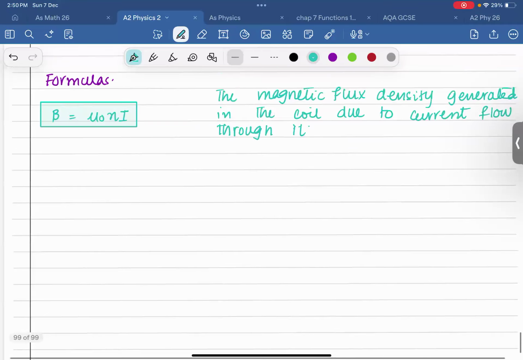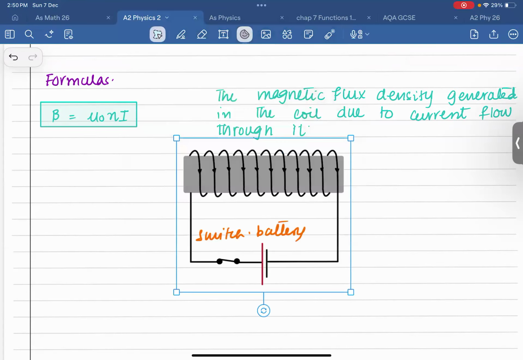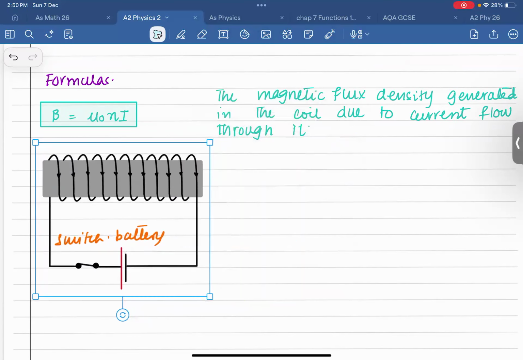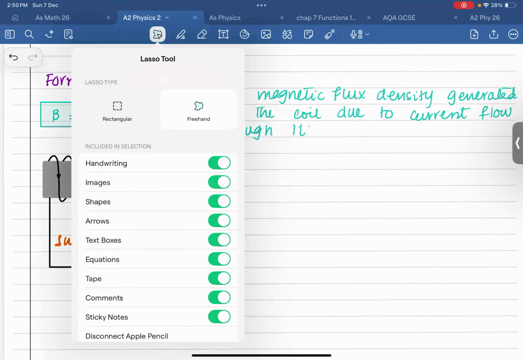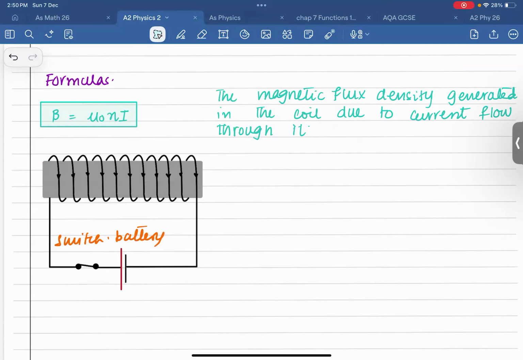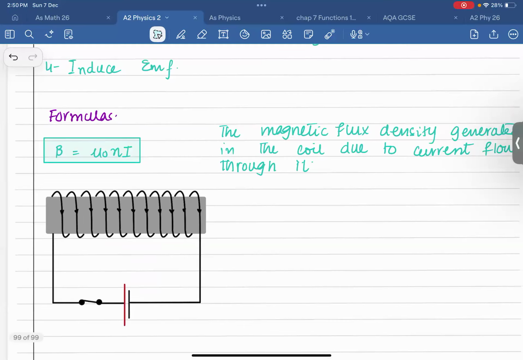This is a concept, right? Imagine you have a coil, and there's a current in the coil due to the battery. So the magnetic field generated by the coil will be given by this equation. Again, the formula is not part of the syllabus. Whenever they want you to use this formula, they'll mention it.